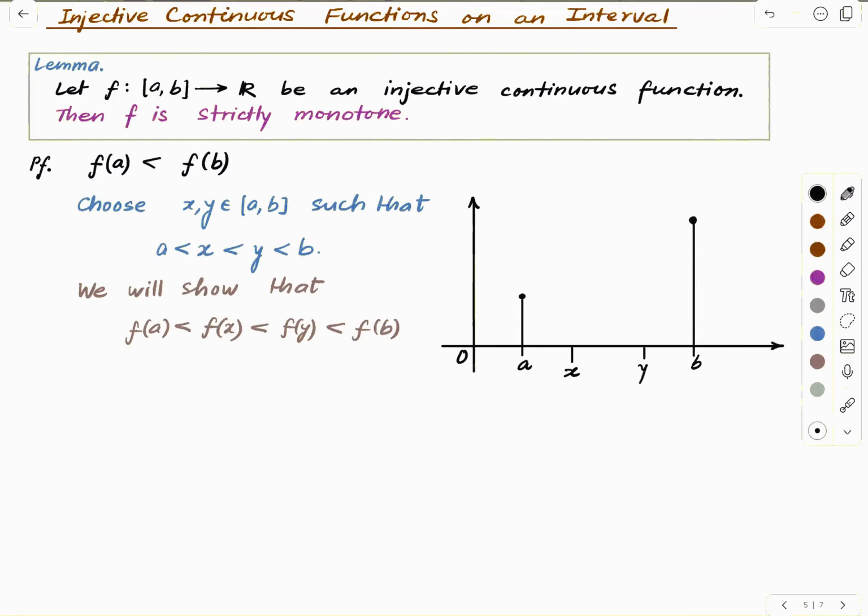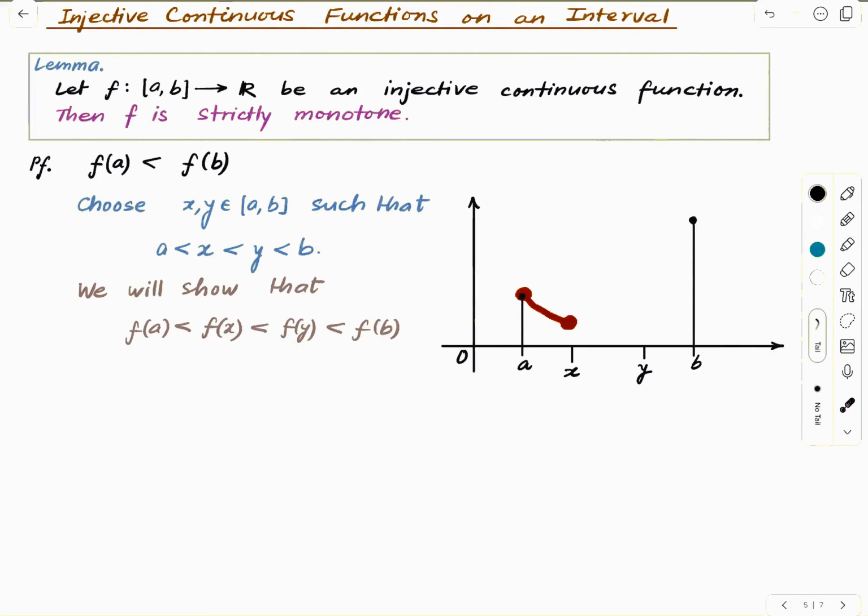All right, so let's justify this. Why is this the case? And I don't want to write down things. Suppose not. Suppose this were not the case, then fx would be strictly less than fa because of injectivity. Equality is not possible. So the other possibility is this. So let's say fx is somewhere there. But by intermediate value theorem, the function would assume all possible values between this and that.